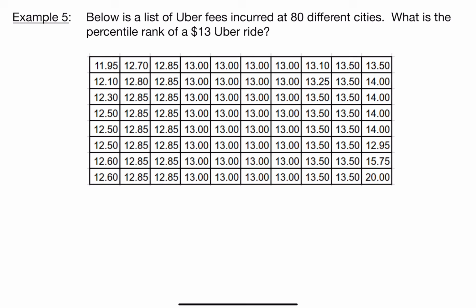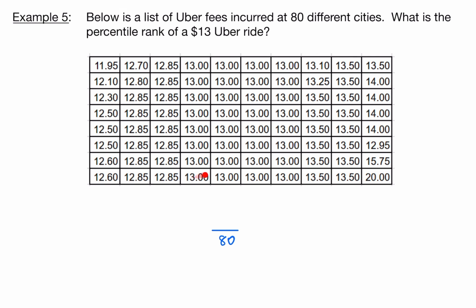So I'm going to put a proportion here, and in the denominator I'm going to say it's 80, because there are 80 different fees here. The question is, what is the percentile rank of a $13 Uber ride? So we look at how many $13 fees are in this chart, and we see that all of the $13 Uber rides are right in here.